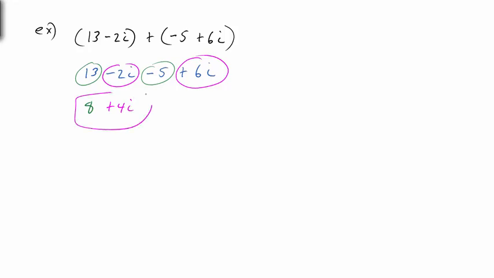So there we have our complex number, a plus bi, 8 plus 4i. So really it's that easy. Adding complex numbers, you're just basically going to combine your like terms. So again here, we're simply adding your real parts together and you're adding your imaginary parts together.